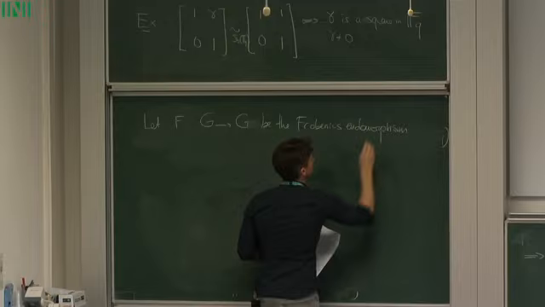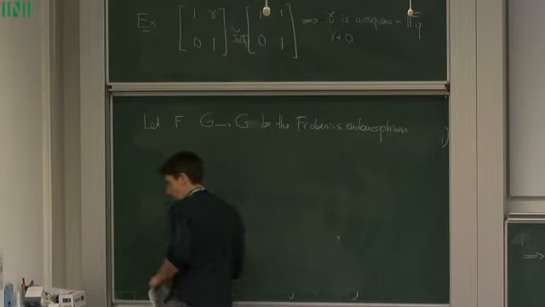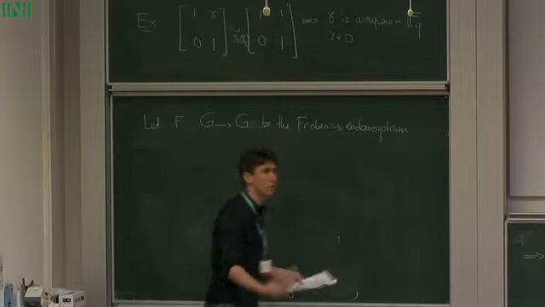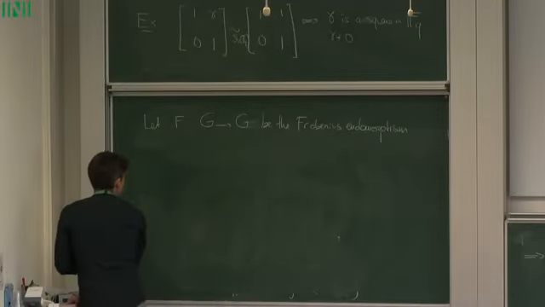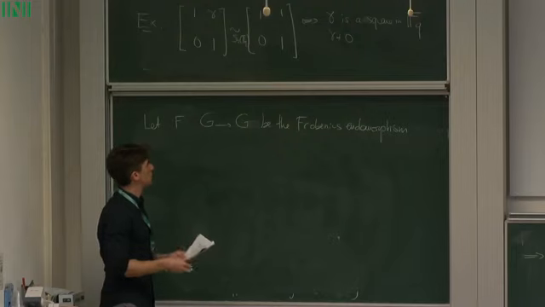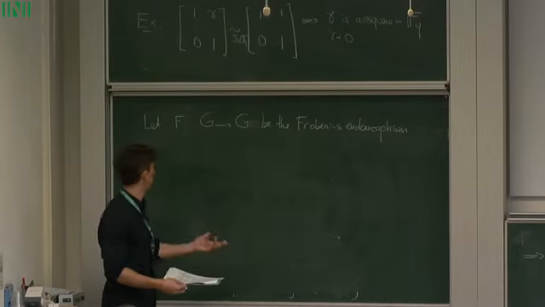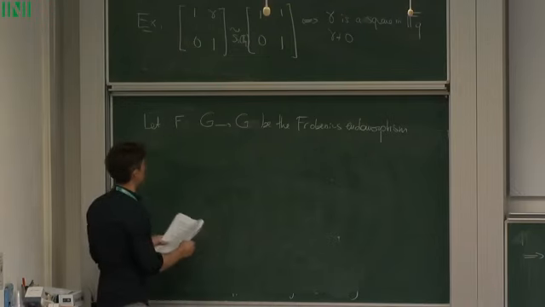It was hidden in the definition when I said I was working with an algebraic group and taking the FQ points, the rational points. For this, I need to give a rational structure, an FQ structure, and this is given by a Frobenius endomorphism.